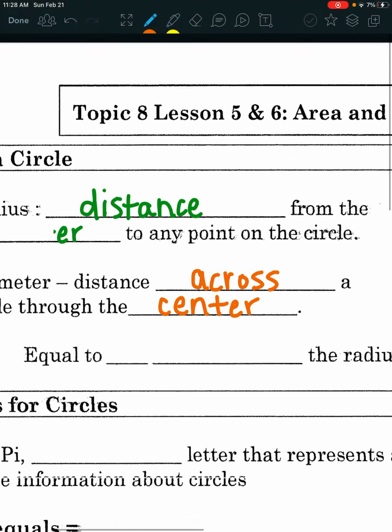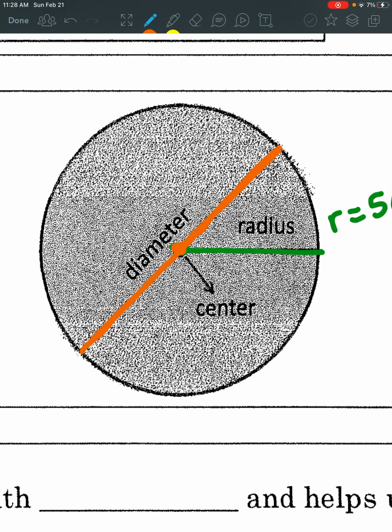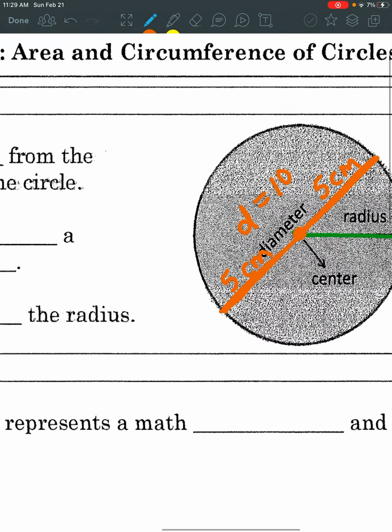So there's a relationship between the radius and the diameter, because if you notice, I started at that center piece and I went to the outside. Well, that is the radius. So we know that that is 5 centimeters. And then from the center of the circle, the other direction, well, that's also the radius. That's also 5 centimeters. So we know that the diameter is 10 centimeters all the way across.